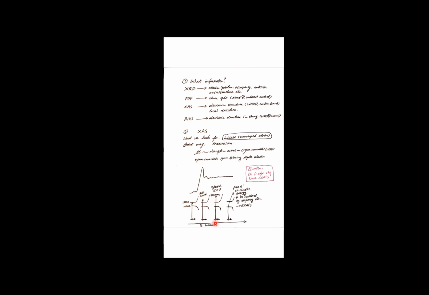And then if we increase the energy even further, we will reach the point where we promote the electron from the core to the vacuum, where the electron doesn't have any potential energy anymore. It is a free electron now. It is not bound by the whole system. At this level, the electron doesn't have potential energy at all.